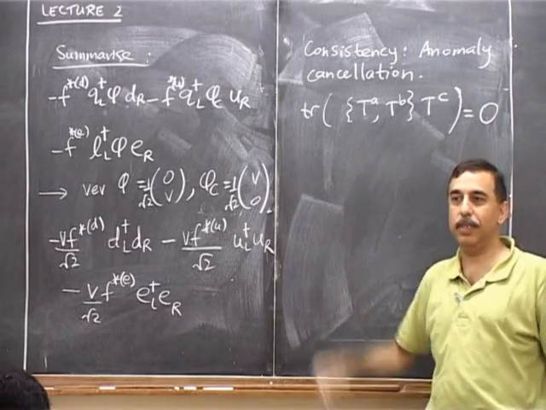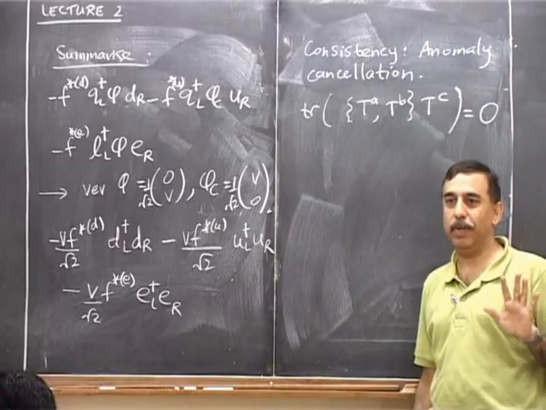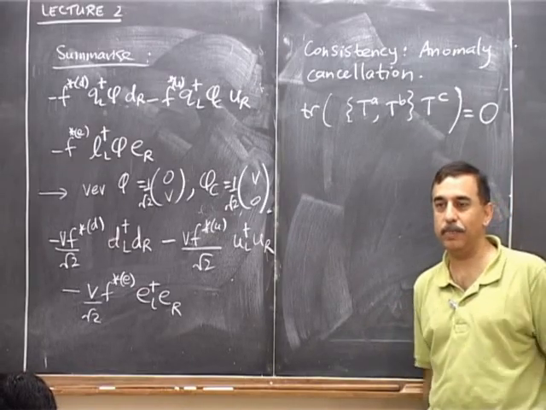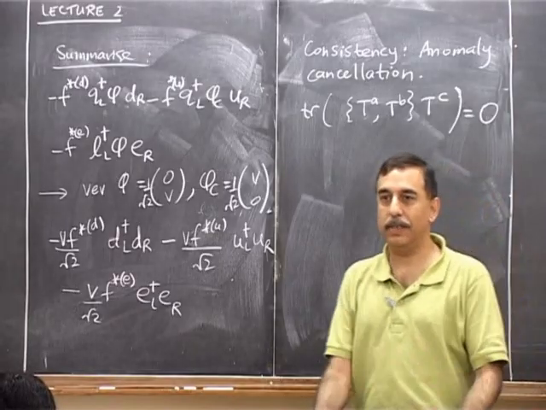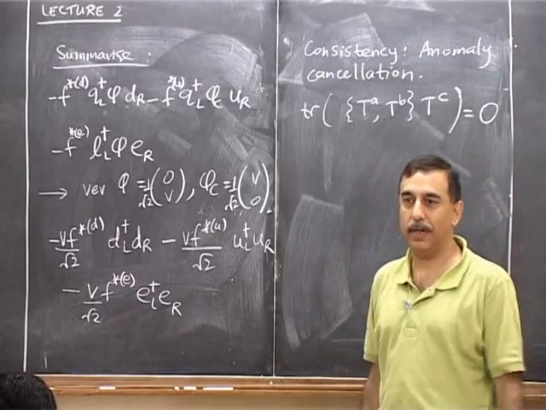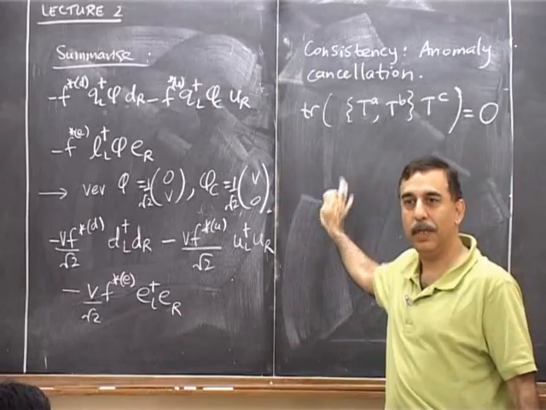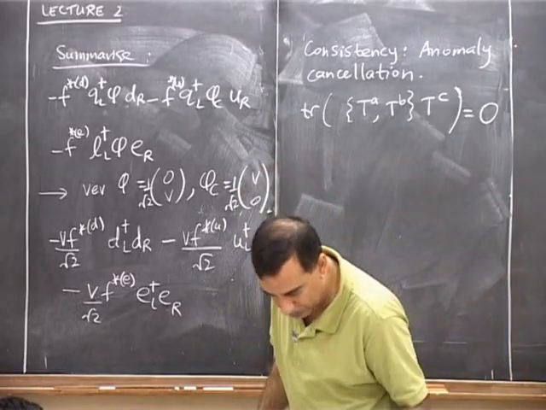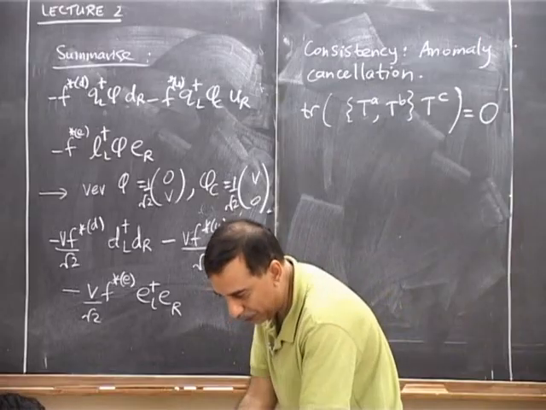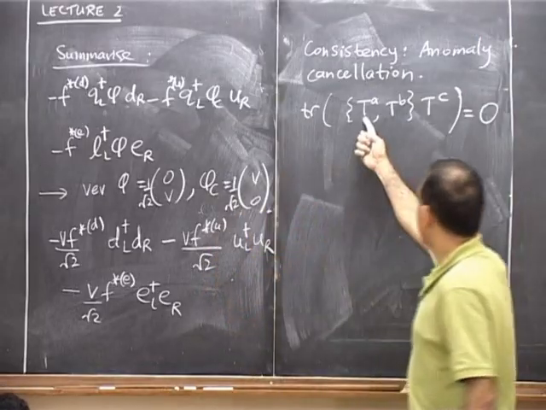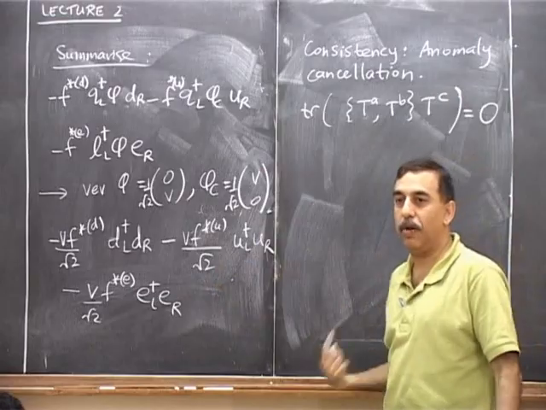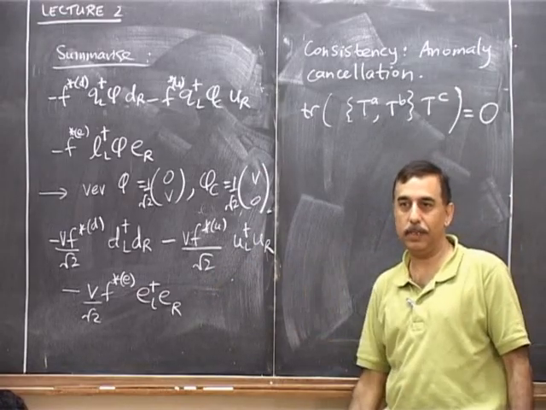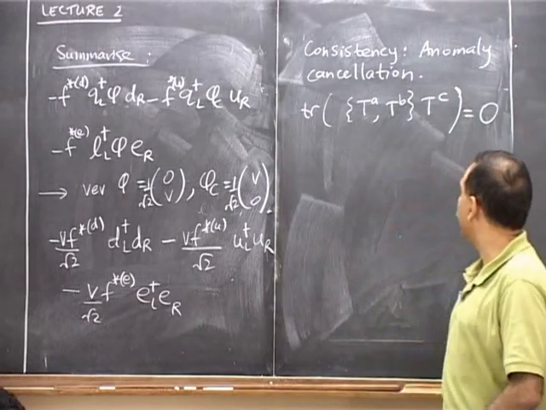So the contributions in this trace will have some things with plus from left-handed and some things with minus from right-handed. If the interactions are completely symmetric between left and right-handed, if there is no parity violation, then this is already 0. So the thing to check involves the chiral spectrum of the particles, and these T's are generators of either SU3 or SU2 or U1. So you can put in all possible combinations, but most of them turn out to be zero quite naturally.